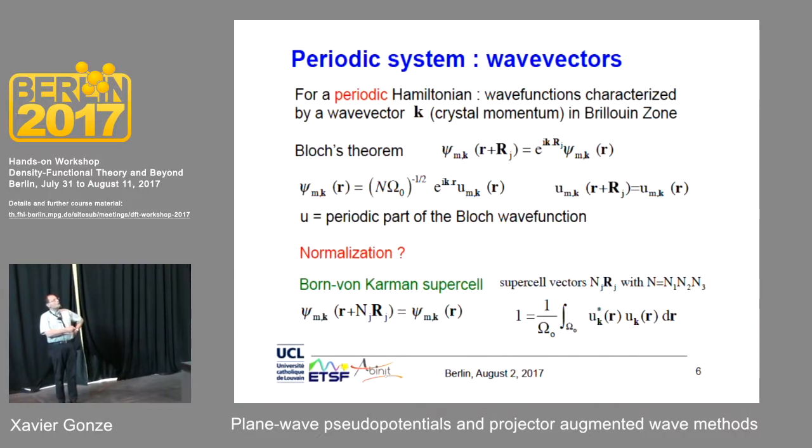This allows to normalize the wave function to have one electron in the big Born-von Karman supercell.